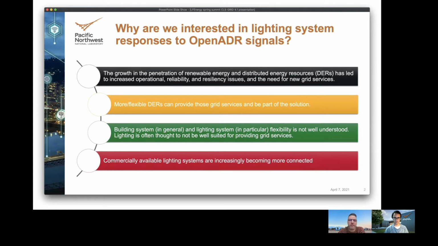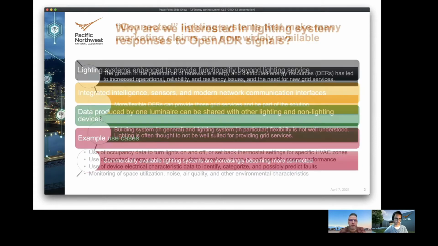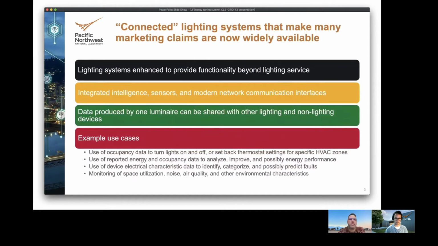Lighting is often thought to not be well suited for providing grid services, in part because people think you can't pre-light a space like you can pre-cool or preheat a space with an HVAC system, or preheat a water heater. However, commercially available lighting systems are increasingly becoming more connected, and this is important because this connectivity makes them amenable to receiving grid signals and exercising whatever flexibility they have.